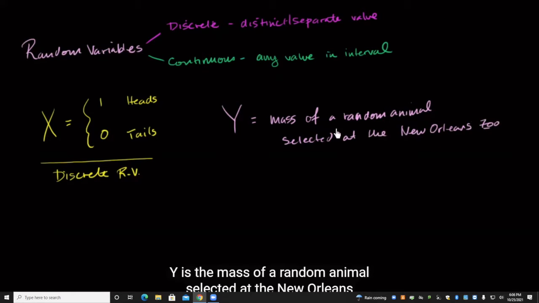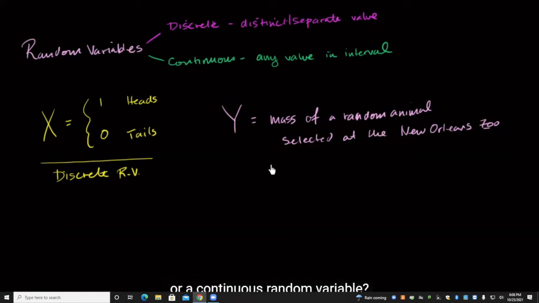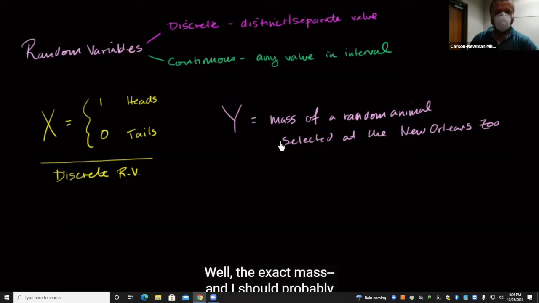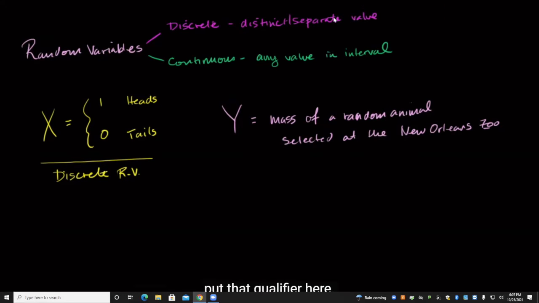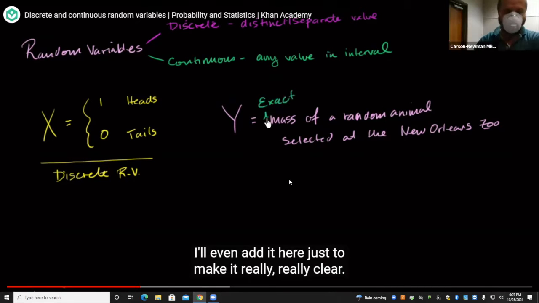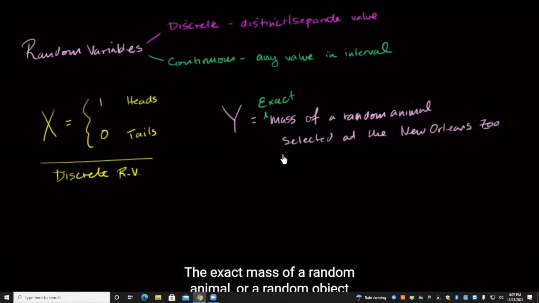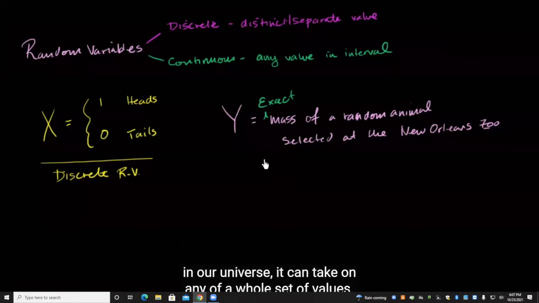Y is the mass of a random animal selected at the New Orleans Zoo. Is this a discrete random variable or a continuous random variable? Well, the exact mass, and I should probably put that qualifier here to make it really clear.